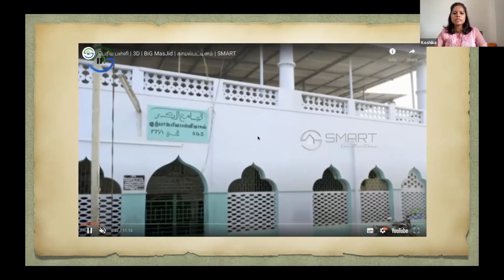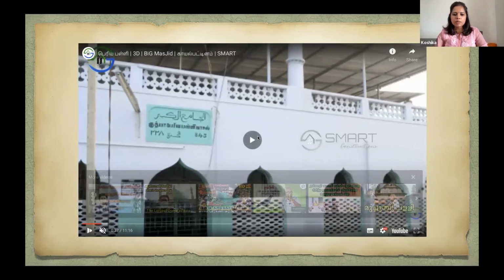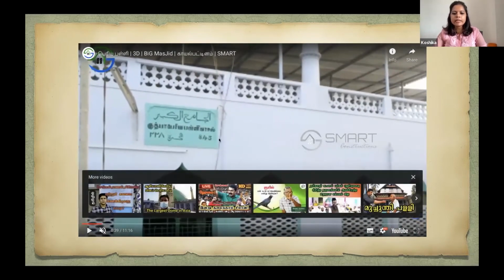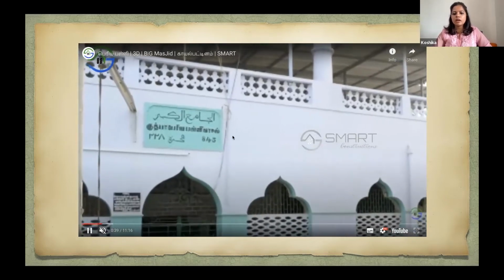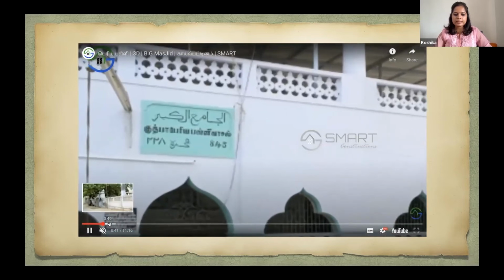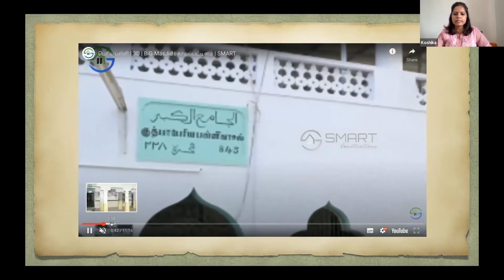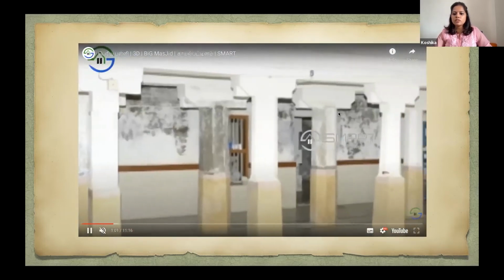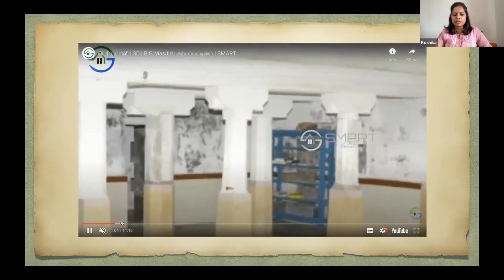If you see here, I'm not sure whether you can see it clearly, it is written 843, which is the year it was built. And next, you can see how the structures are. It looks like a temple, right?